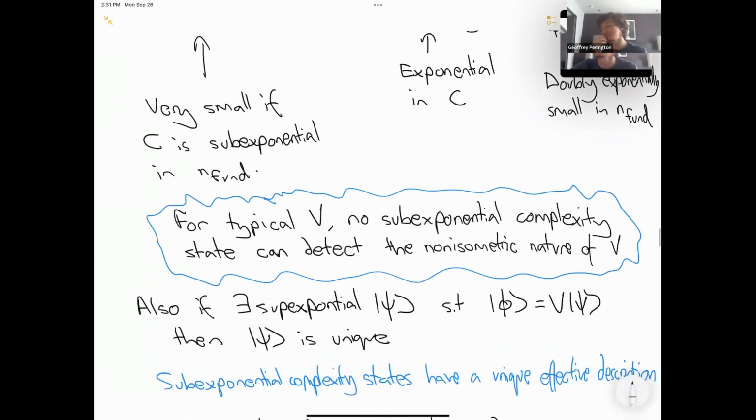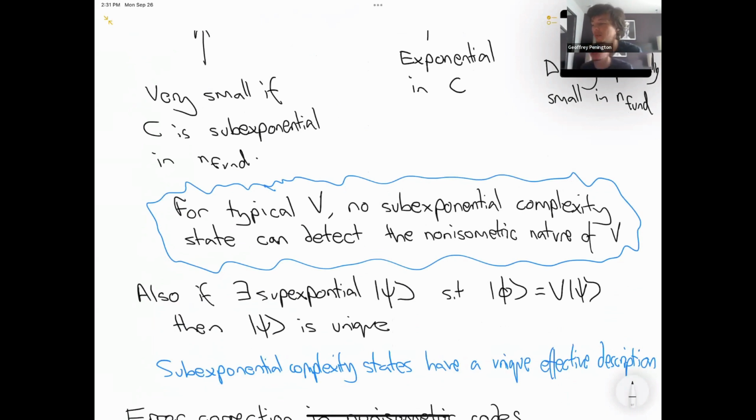So there's another consequence of this that's pretty powerful and important. If we have some fundamental state phi that is equal to V of psi for a sub-exponential complexity state psi, then that psi will always be unique. The reason is that if we had two different states that were both mapped to the same fundamental state phi, then inner products would not be preserved.